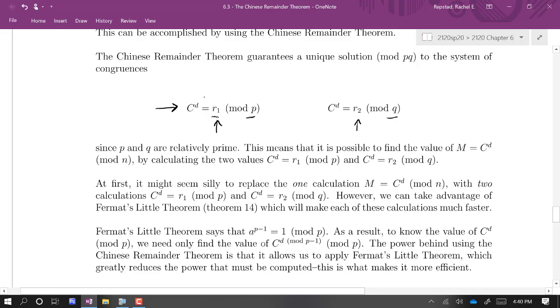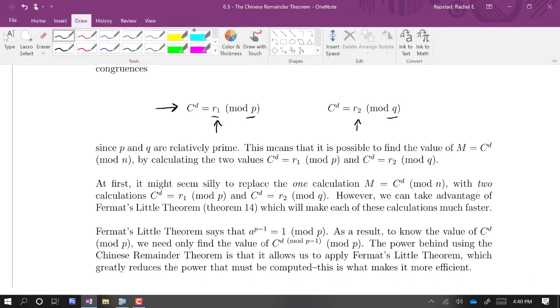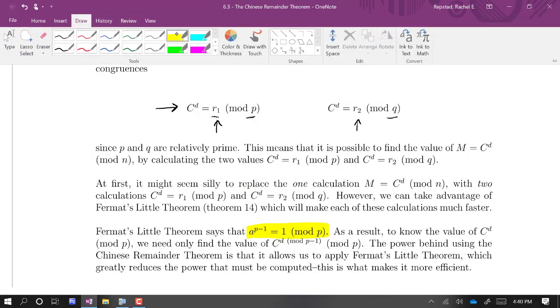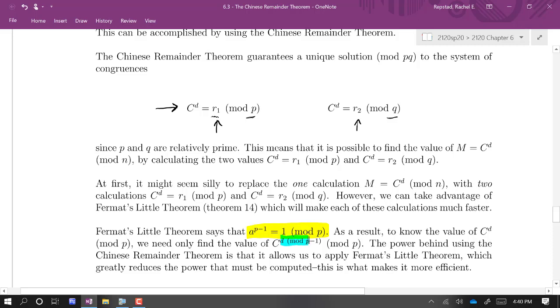What actually makes this efficient is that since p and q are both prime, we can take advantage of Fermat's little theorem. Remember, Fermat's little theorem says that a to the p minus 1 is equal to 1 mod p. So to know the value of c to the d mod p, if you look at the power, we can reduce the power mod p minus 1.